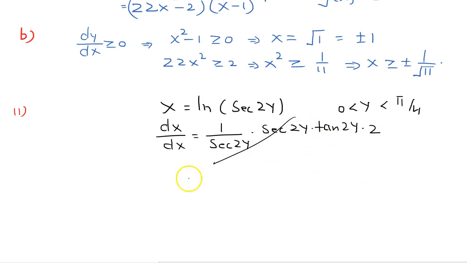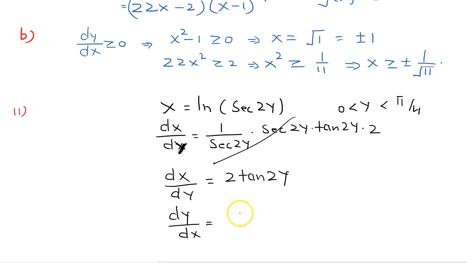This can be cancelled. So dx over dy is 2 tan 2y. So dy over dx is 1 over 2 tan 2y.